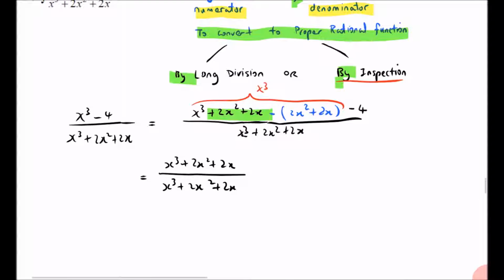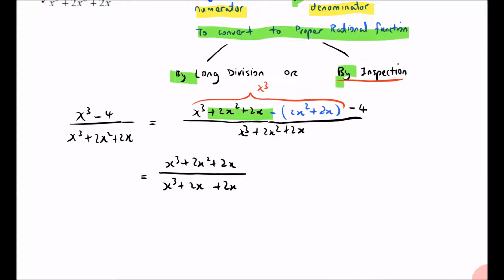Now we split the fraction, so that the term with the denominator as the numerator is grouped on one side, and the rest will be the next term.